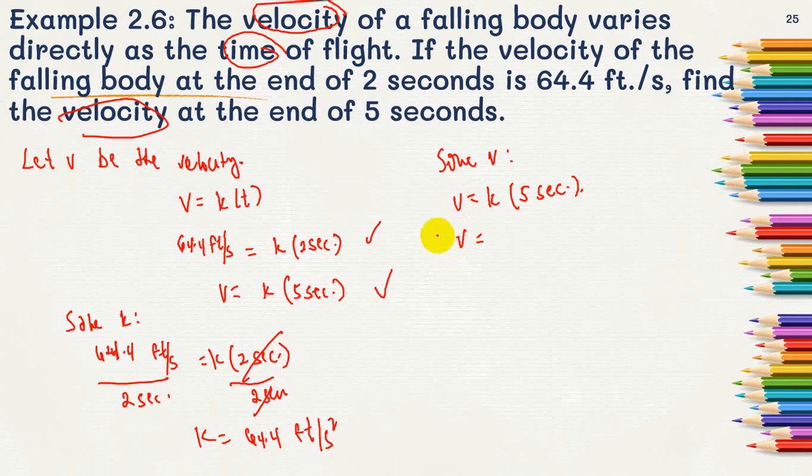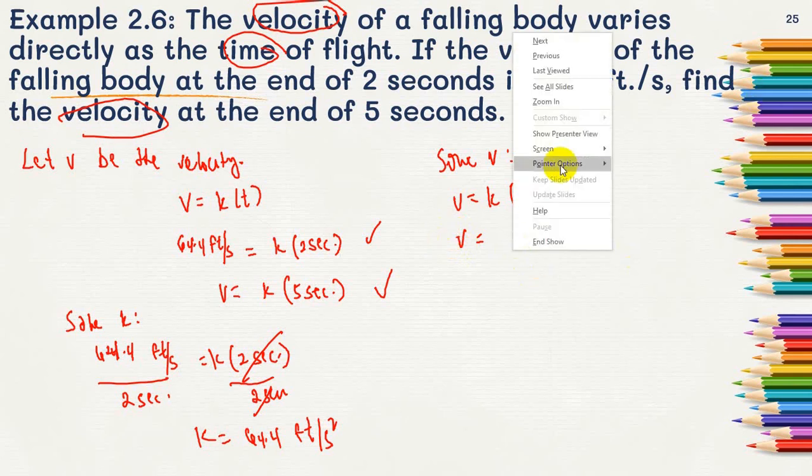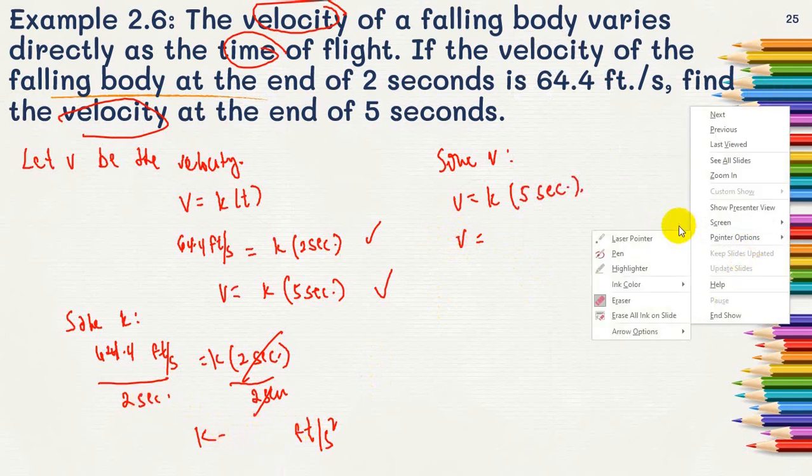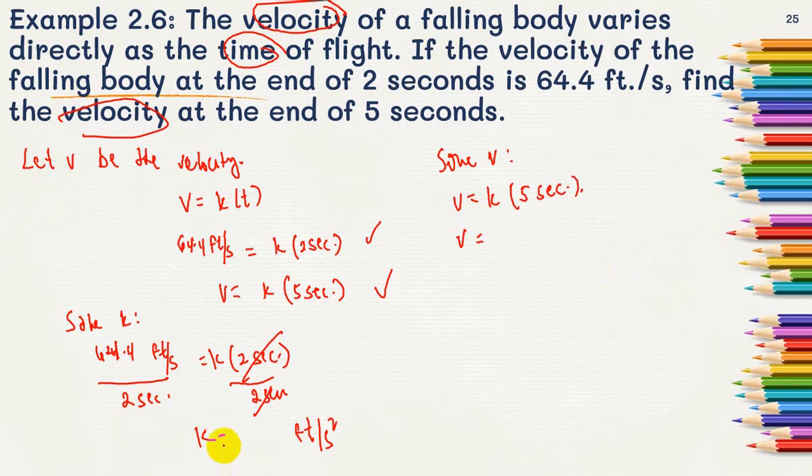No, the value of K we still need to divide. 64.4 divided by 2 is equal to what? 32.2. So I'm sorry for that mistake. Alright, so this will be 32.2 feet per square second.